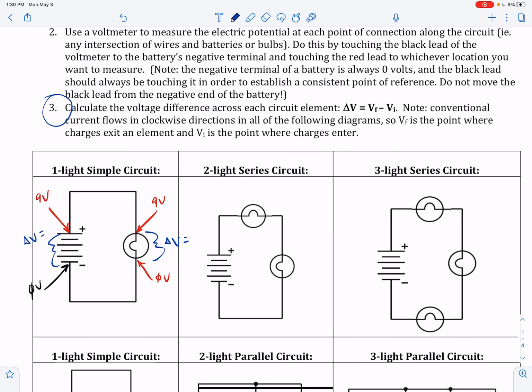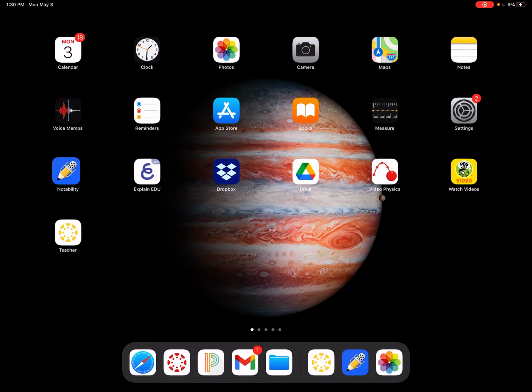It says calculate the voltage difference across each circuit element, meaning the final point minus the initial point. Note, conventional current flows in clockwise directions in all of the following diagrams, meaning this way. So VF is the point where charges exit an element, and VI is the point where charges enter an element. And what I mean by that is here.